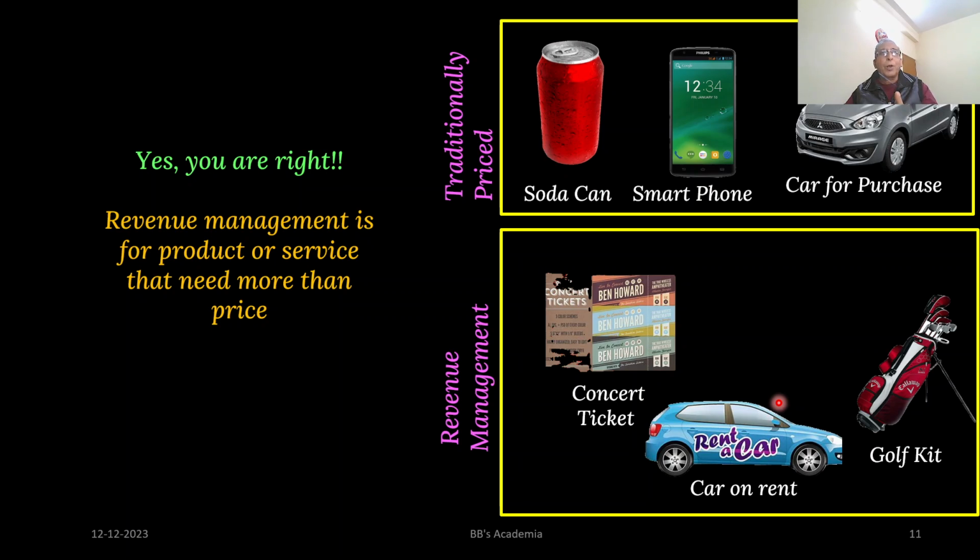You need a room, whatever is the price. You rent a car because you want to move from one place to another for certain emergencies or business purposes, or you are very fond of a particular artist and you want to enjoy that concert, and whatever is the price, give me a ticket. So in that case, definitely revenue management is applied.